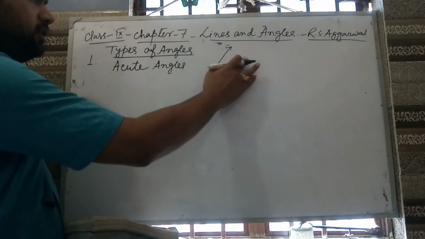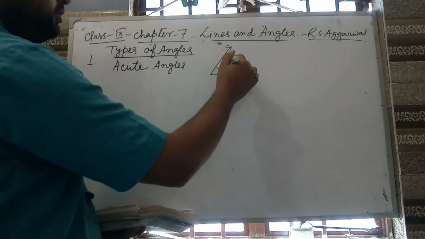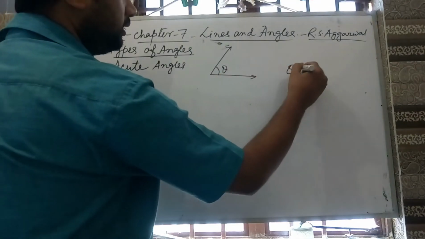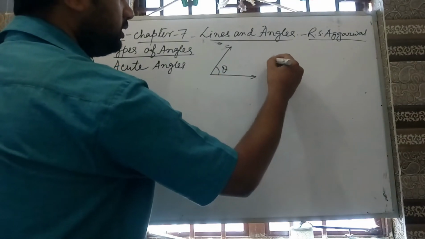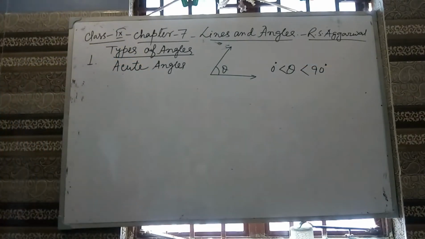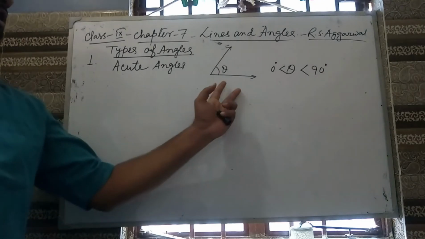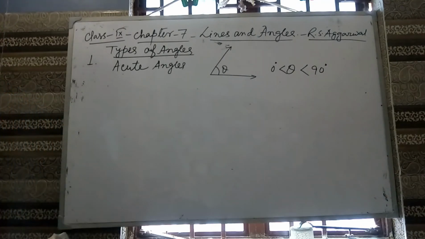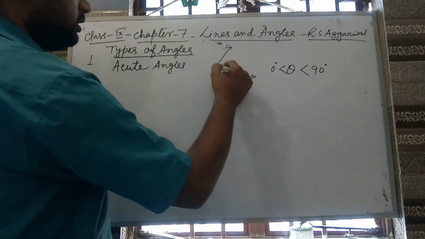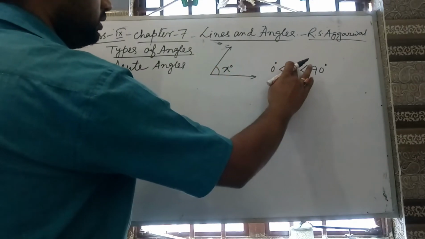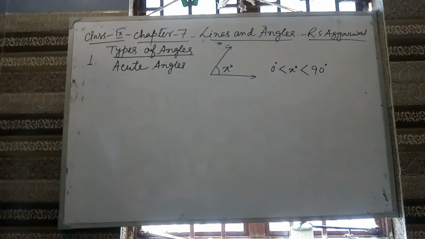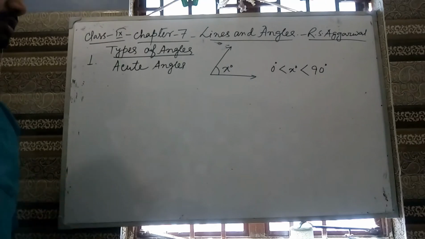So let theta be the angle. If the value of theta is greater than 0 degree and less than 90 degree, then this angle is called an acute angle. Instead of writing theta, you can also write x degree. X degree means the measurement of the angle is x.